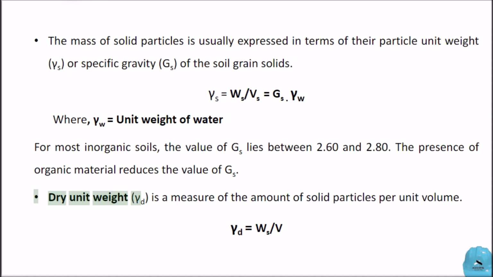Dry unit weight, γd, is a measure of the amount of solid particles per unit volume. γd equals Ws/V.